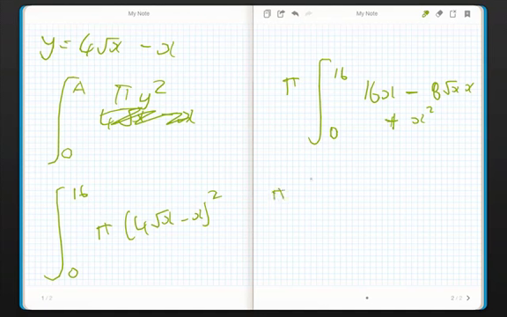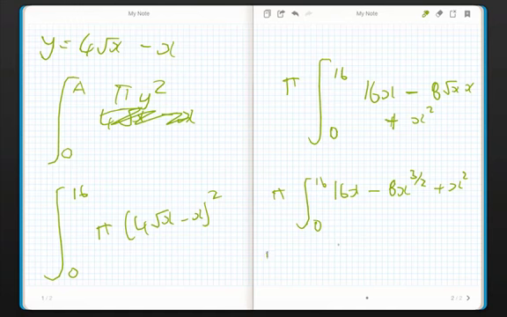This is equal to pi into the integral from 0 to 16 of 16x minus 8x to the power of 3 by 2 plus x squared.